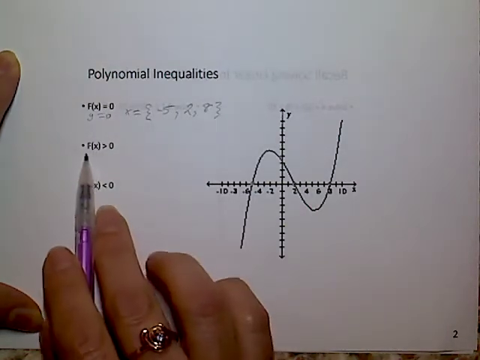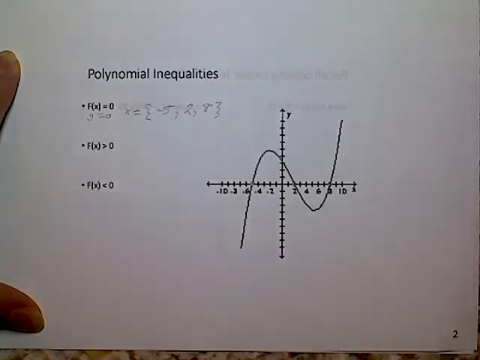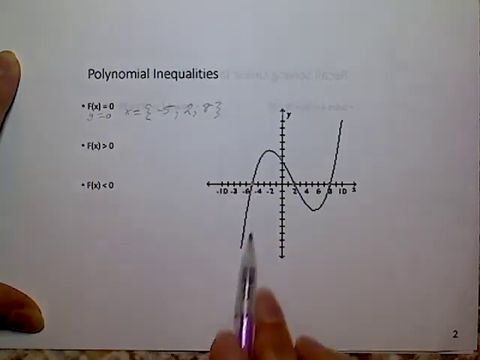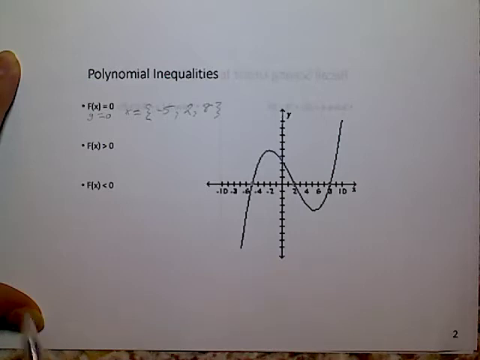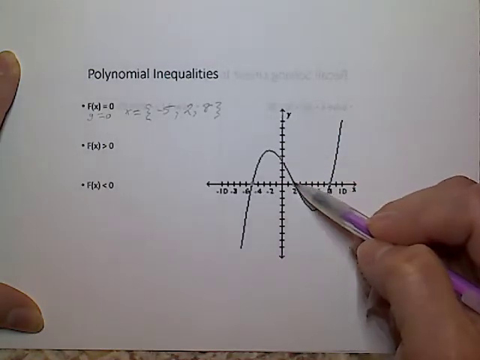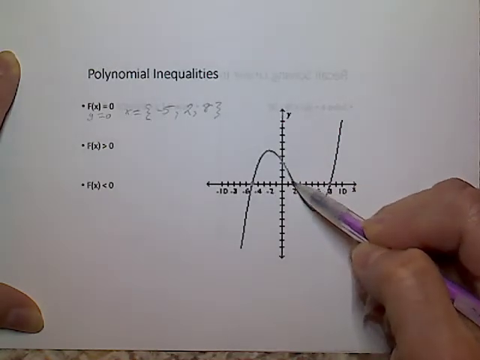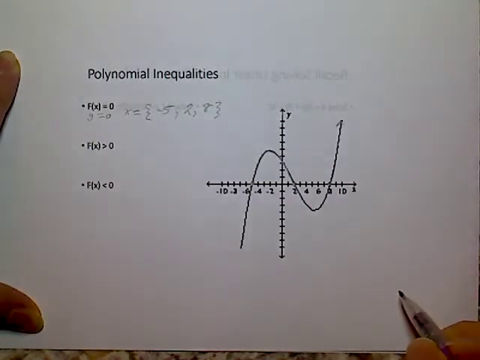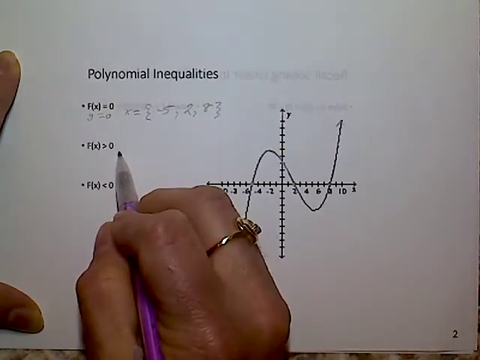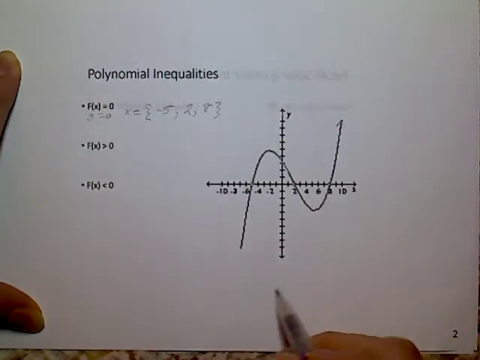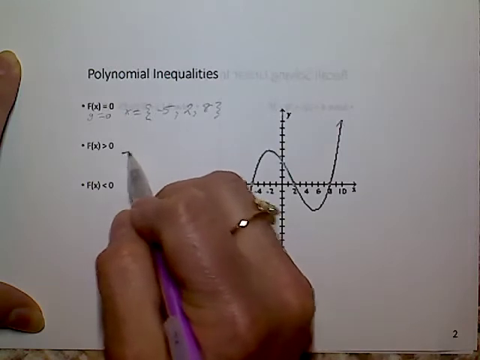When I say where is f of x greater than 0, we've seen that notation before also, and remember that this means there's a whole interval of numbers where this occurs. Where y is greater than 0 is where it is above the x-axis. So this part of it and this part of it are where it's greater than 0. So we write it in interval notation. I'm going to start here at -5.